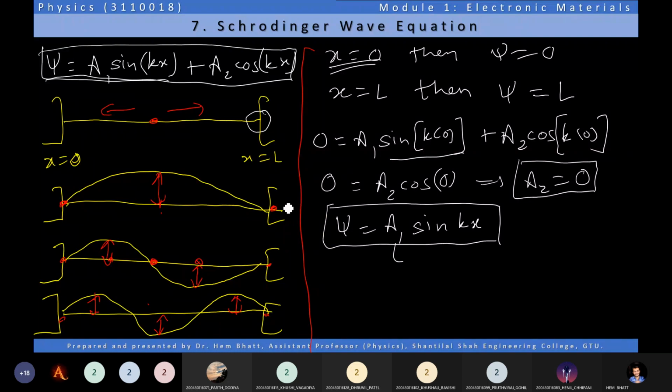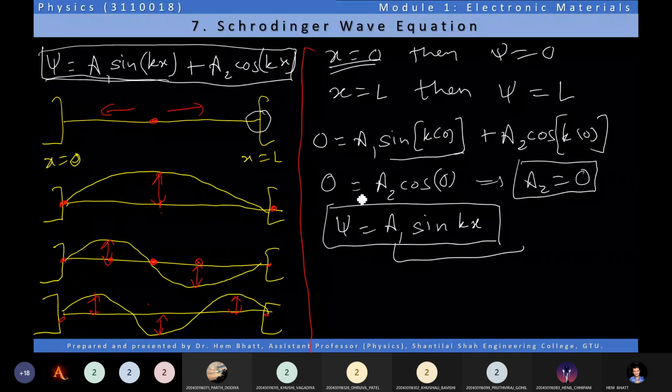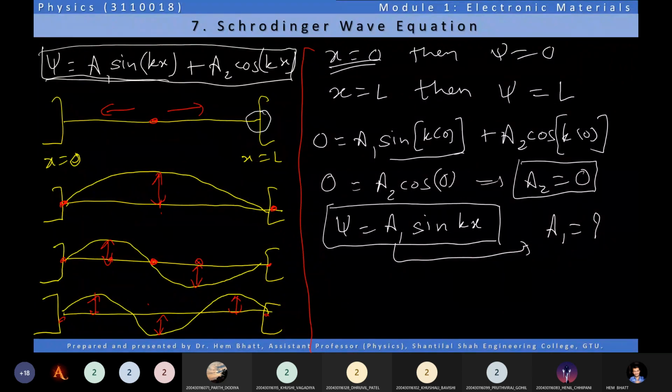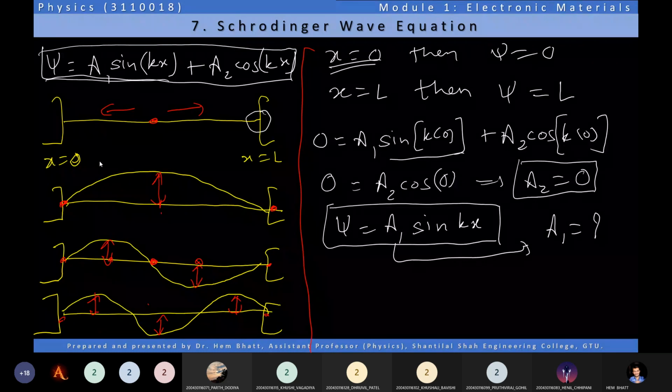But one problem. What is A1? હજી આપણે A1 નું મૂલ્ય તો મળ્યું જ નહીં, right? So how do we find out A1? So for that, you will have to do one more thing. તમારે x equal to L એ condition હજી આપણે નથી લીધી, તો એ condition લઈ લઈએ.